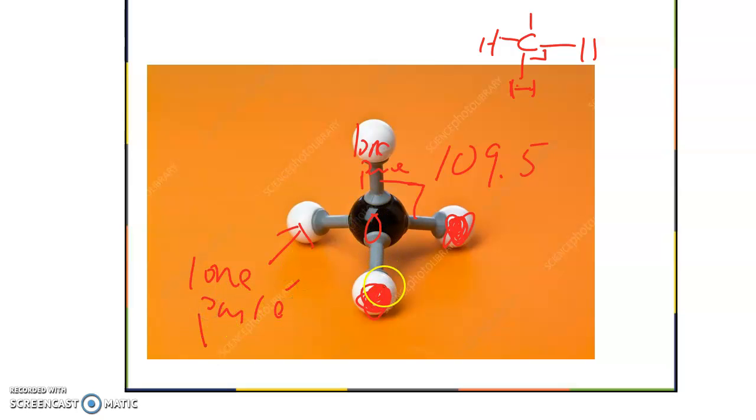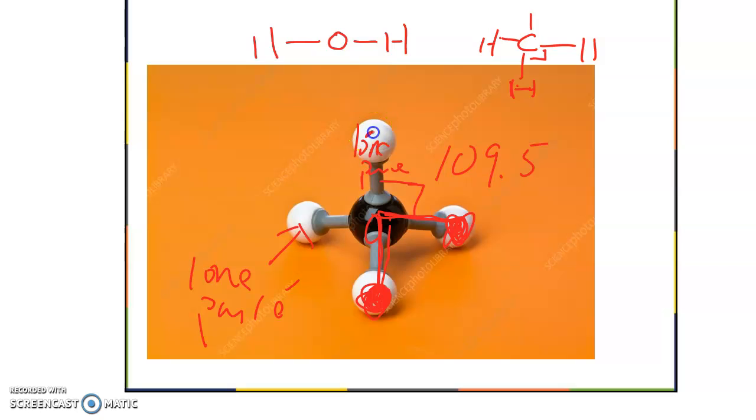So what you can see is the angle over here is not 180 degrees. It's not like what you saw before. On the paper or on the board, you think it's 180 degrees, but in reality, it's not. Each lone pair will be treated as one electron group.